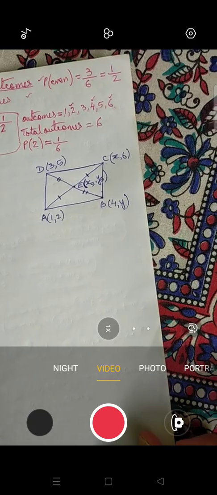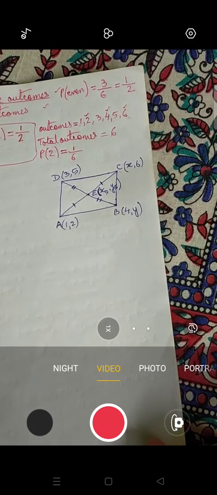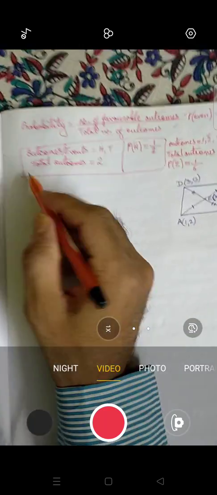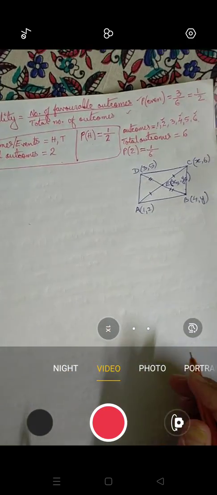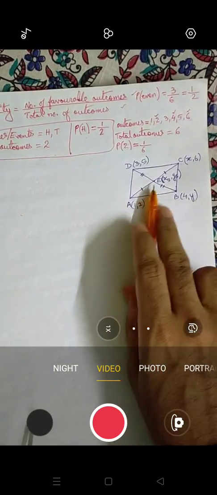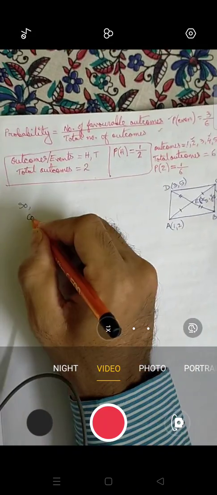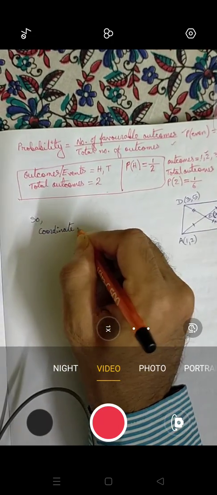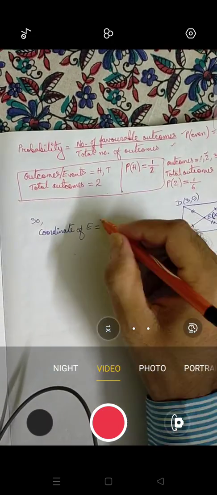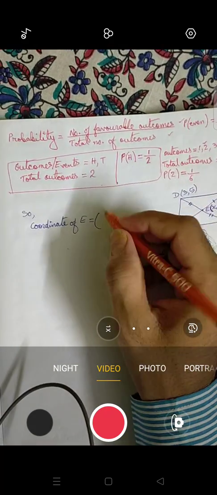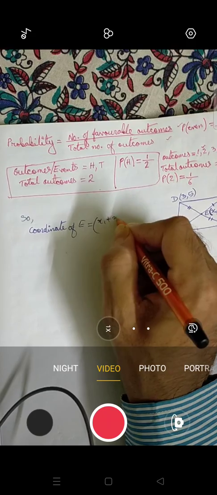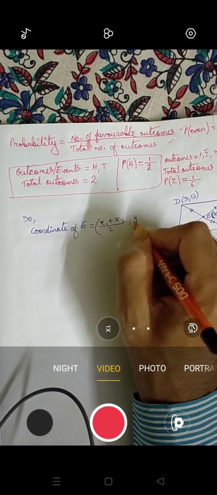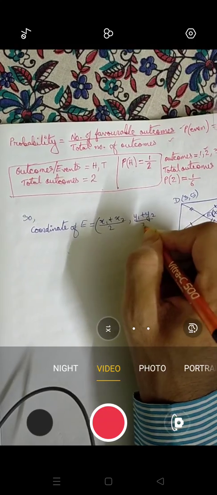Okay, so you have written that E is the midpoint of AC. So the coordinate of E equals, you know the general formula, (x1 plus x2 by 2, comma y1 plus y2 by 2), correct?